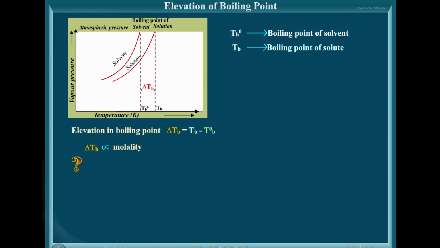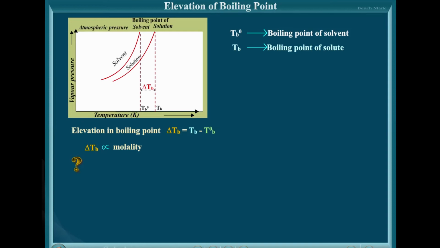Now you know what X2 is. X2 is equal to N2 by the total number of moles. So delta TB is directly proportional to X2, or delta TB is equal to a constant K into XB, and XB can be written as N2 divided by N1.